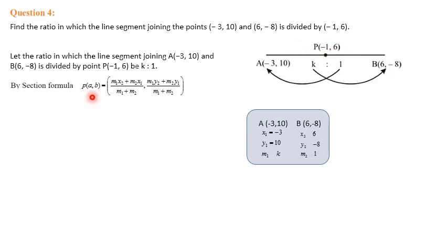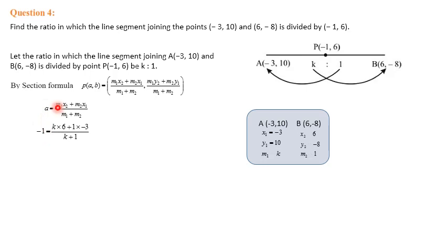So simply we are writing the formula. Then here a is the x coordinate. Comparing the coordinates, a is the x coordinate, so a I have written as (m1 x2 plus m2 x1) divided by (m1 plus m2). P coordinates are there, a is -1.